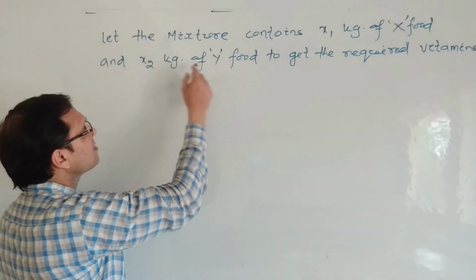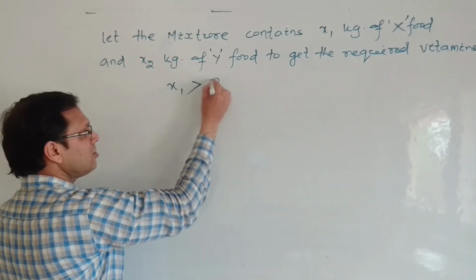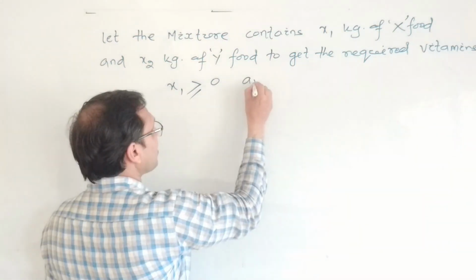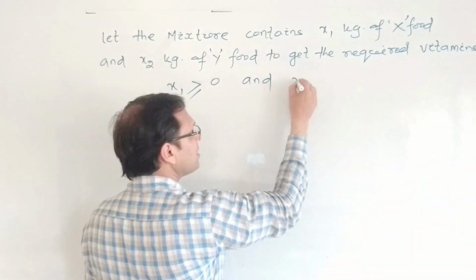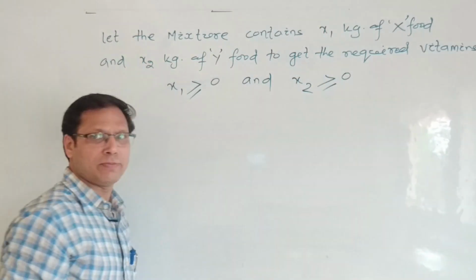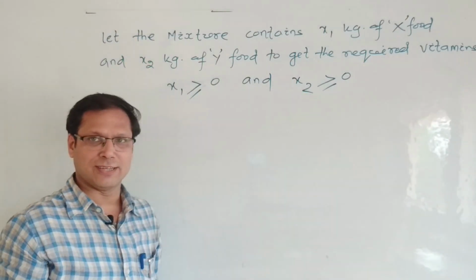Okay, from this we conclude that x1 should be greater than or equal to 0. Again x2 kg of Y food, that means x2 should be greater than or equal to 0. So we have completed the non-negative restriction.